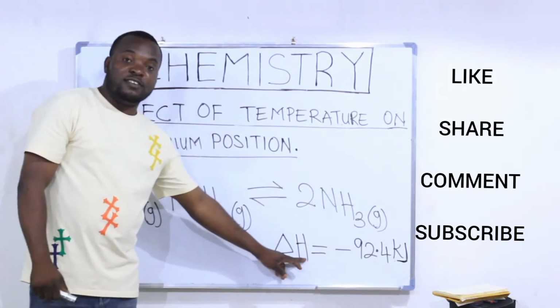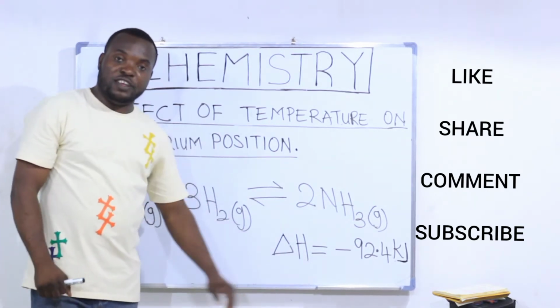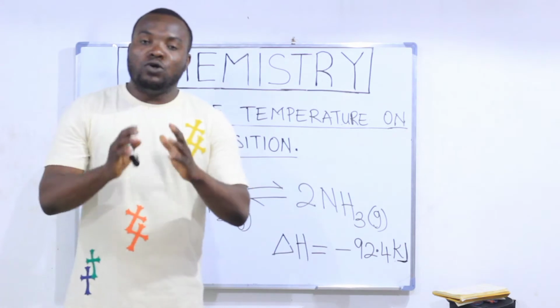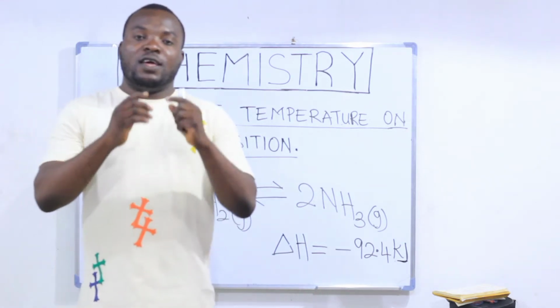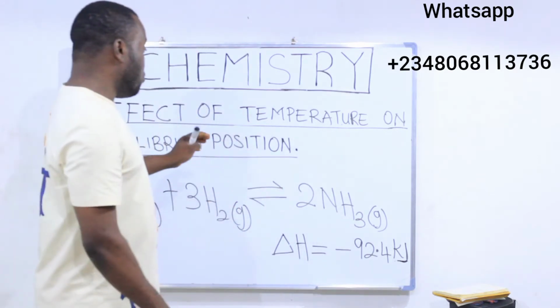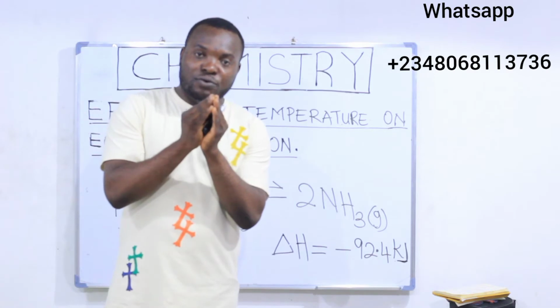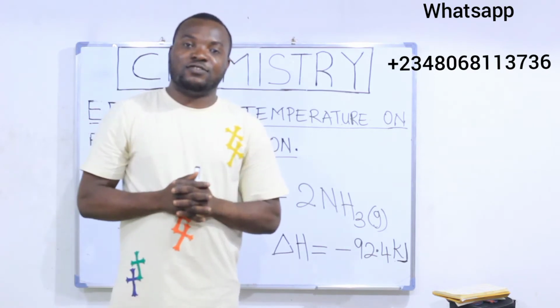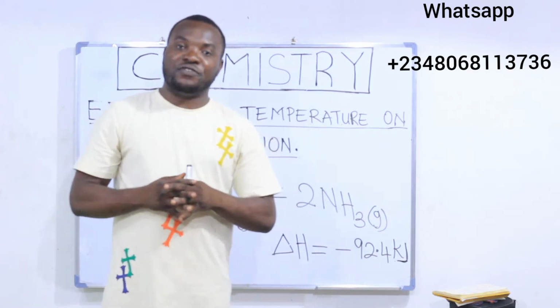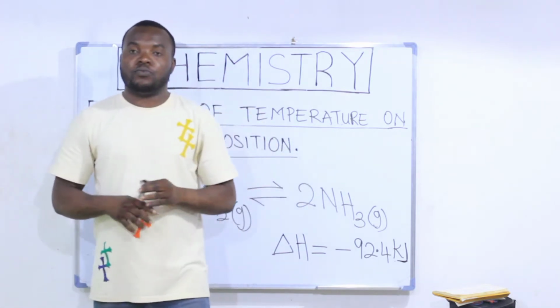Remember, delta H stands for change in heat, or you call it enthalpy change. Now note this. The effect of change in temperature on equilibrium position depends on the value of enthalpy change, which we call the heat change of the reaction. Now let me quickly summarize this.